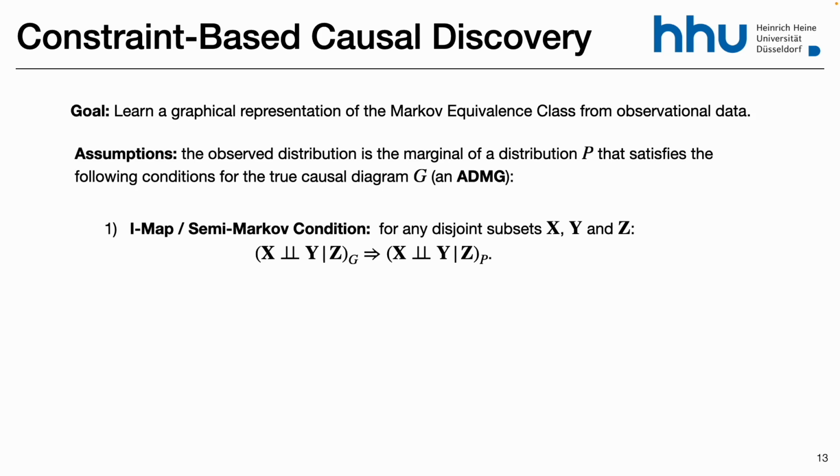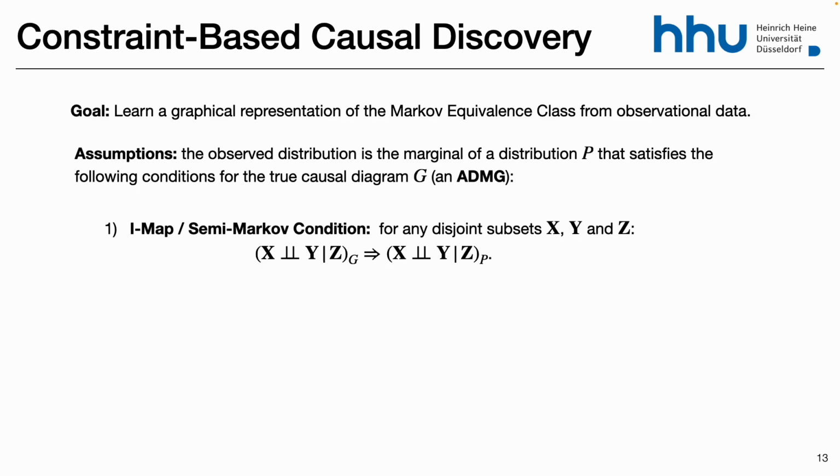There are a few assumptions. This is important to know. First of all, the observed distribution is the marginal of a distribution that satisfies the following three conditions. We are going to assume that you have the observed distribution, which can be estimated from data or not, but you have it. First, it satisfies the Markov condition for some graph.